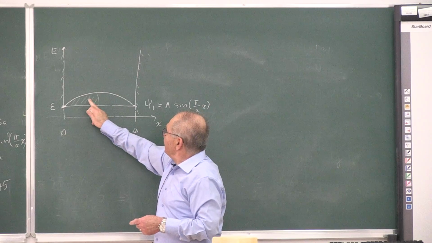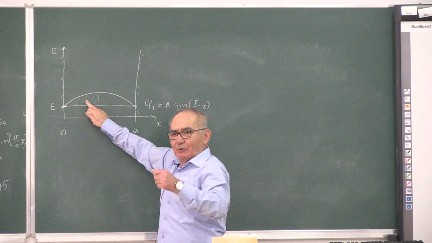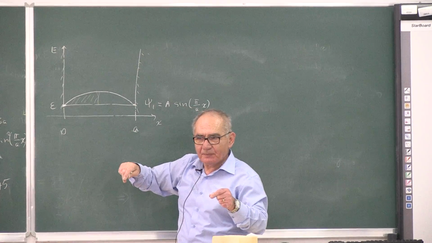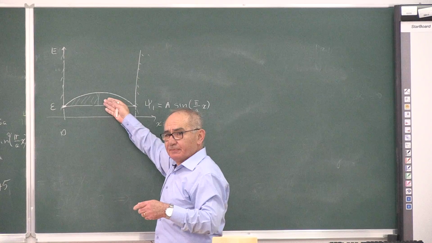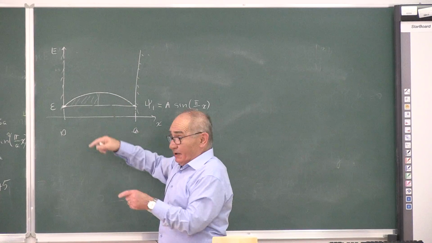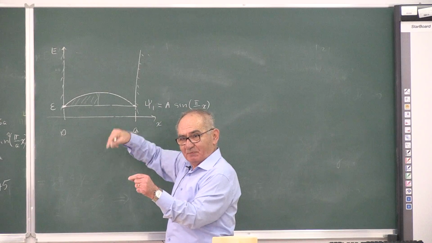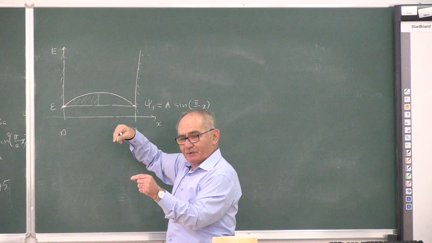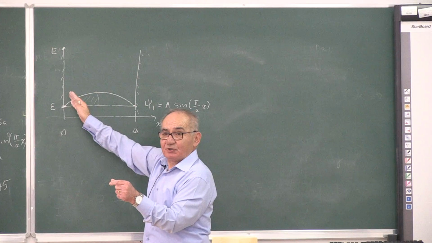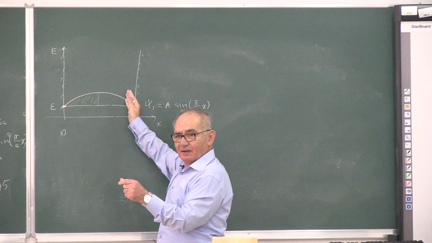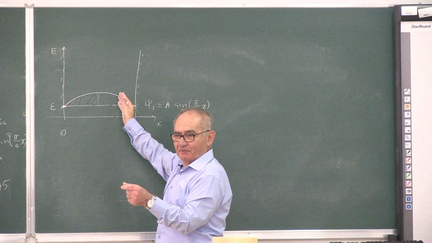Therefore, the area here should be 1 over 2, which means 0.5. Hence, in the ground state, the probability of finding the particle between 0 and 0.5a, the midpoint of the box, on the left side is 50%. What about on the right side? It is also 50%.